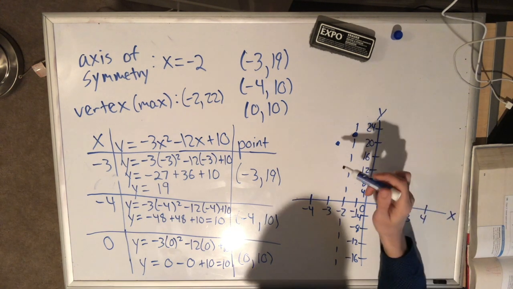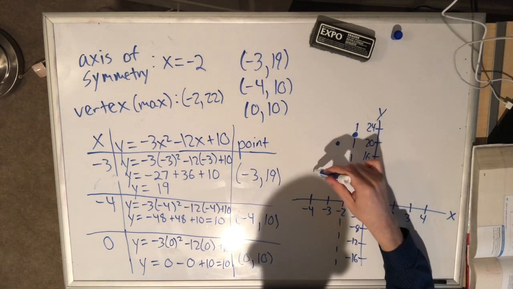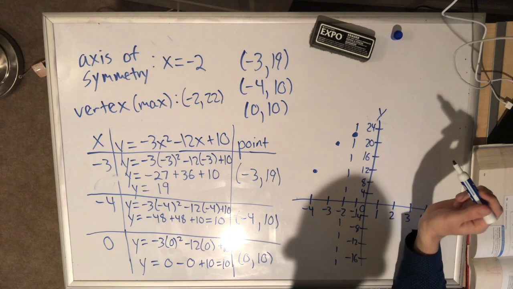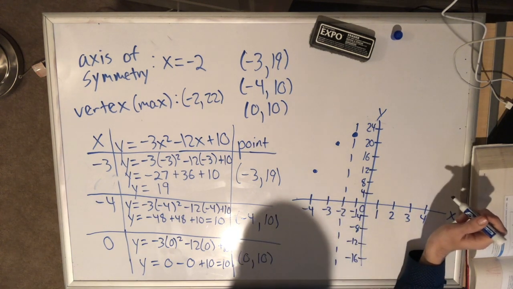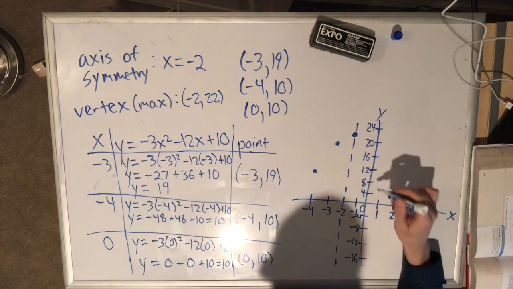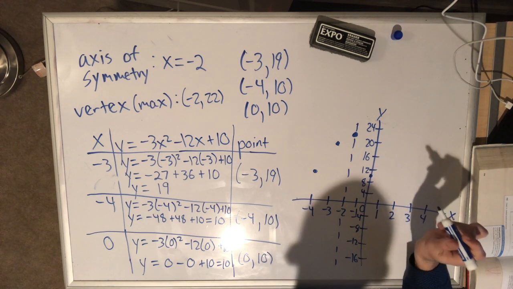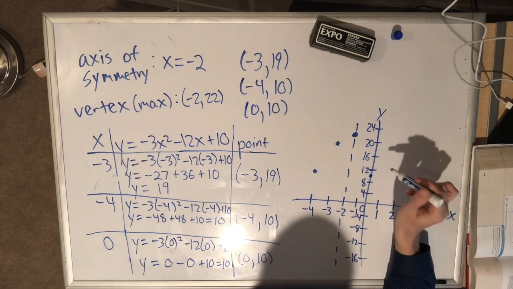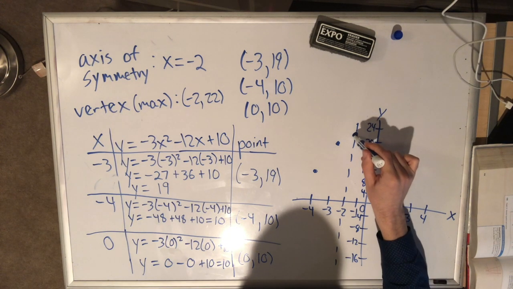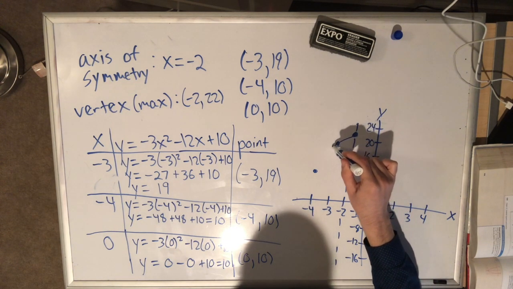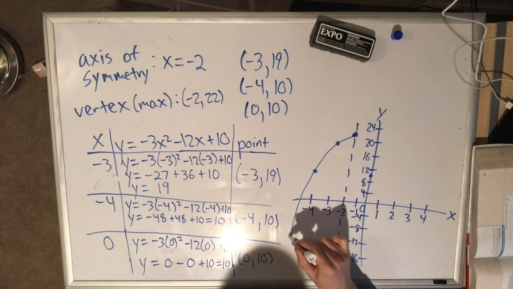The point negative 4 comma 10, about here. The point 0 comma 10, right there. Okay, so let's sketch the left half of the parabola.